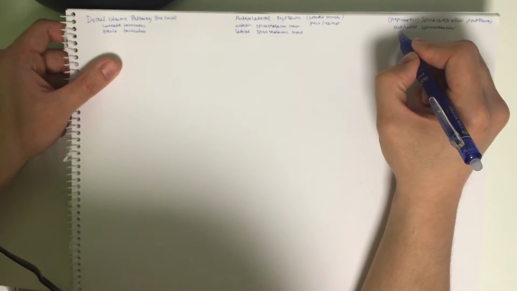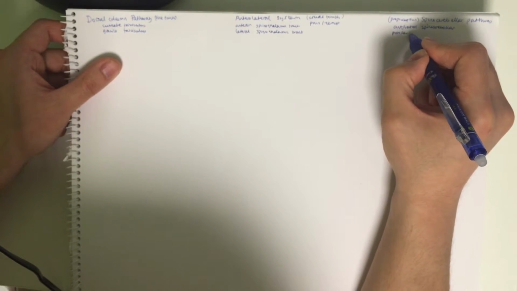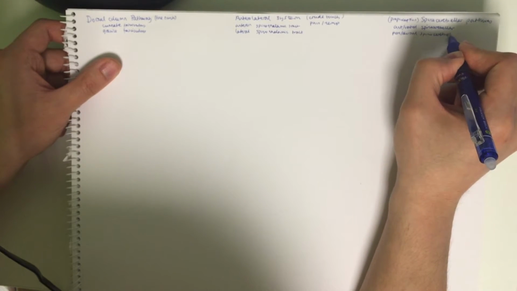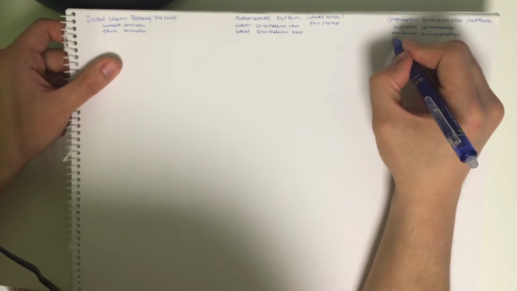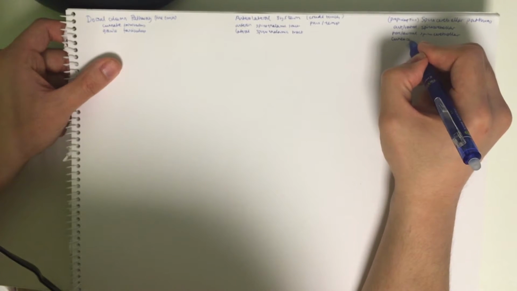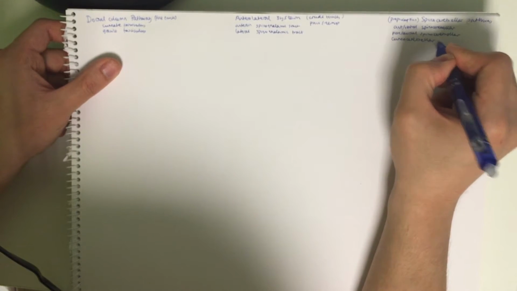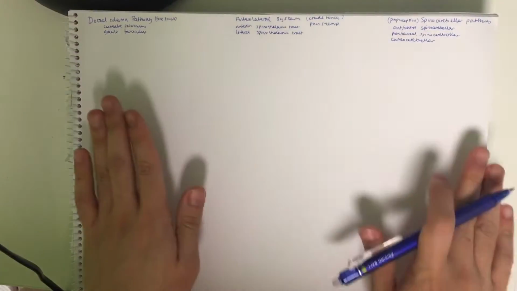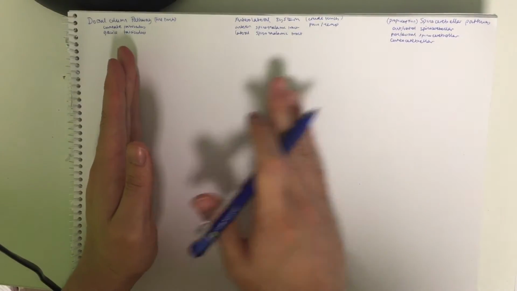Anterior and ventral are pretty much the same thing. And then you have the posterior, or you can call it the dorsal spinal cerebellar, and the cuneal cerebellar.